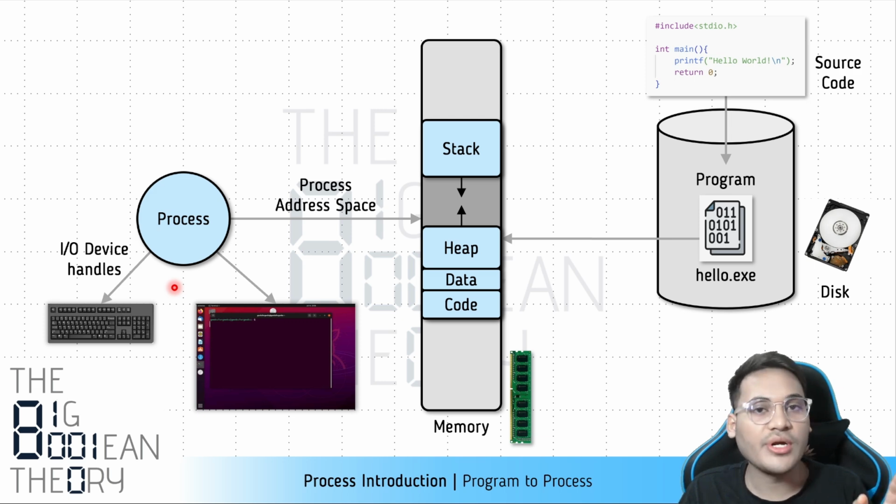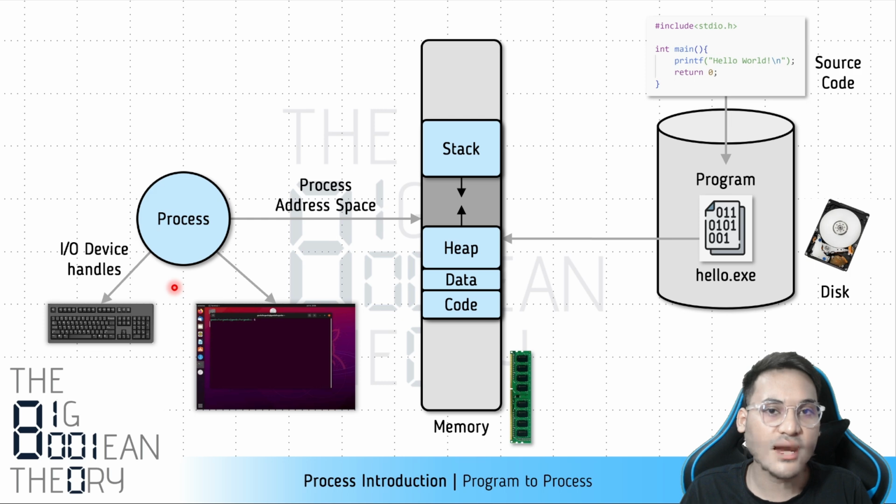So what the operating system does, I'm speaking in the context of Unix based operating systems, is that they set up some IO devices for all the processes at the time of creation, right? So in the Unix operating system, the keyboard is considered as the standard input. So it is the keyboard from where the process will be expecting its input, the characters to be coming from.